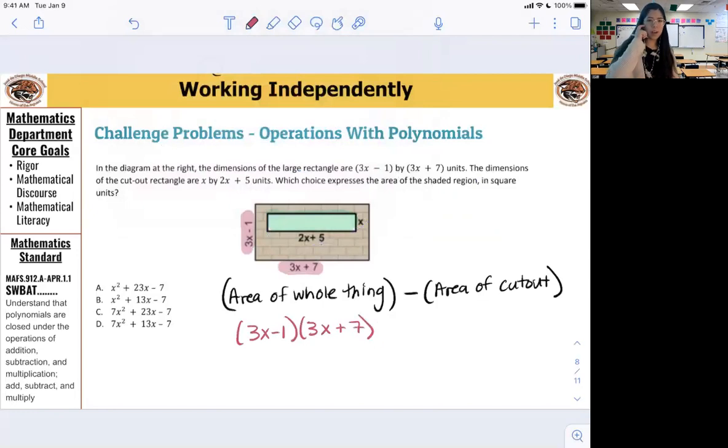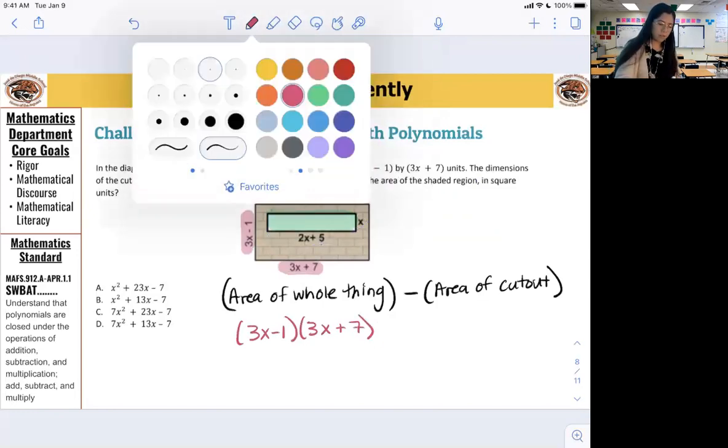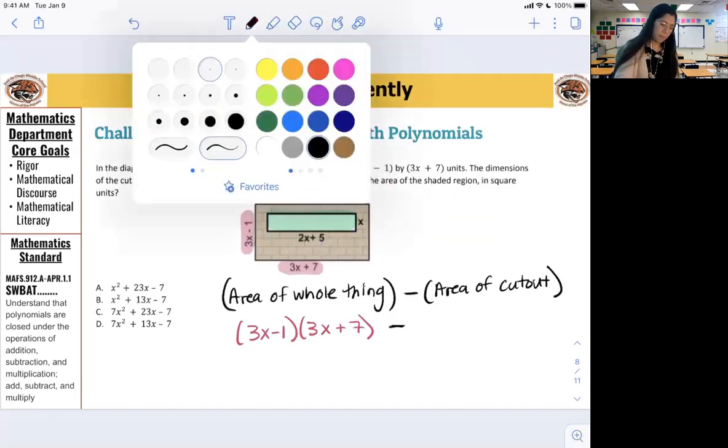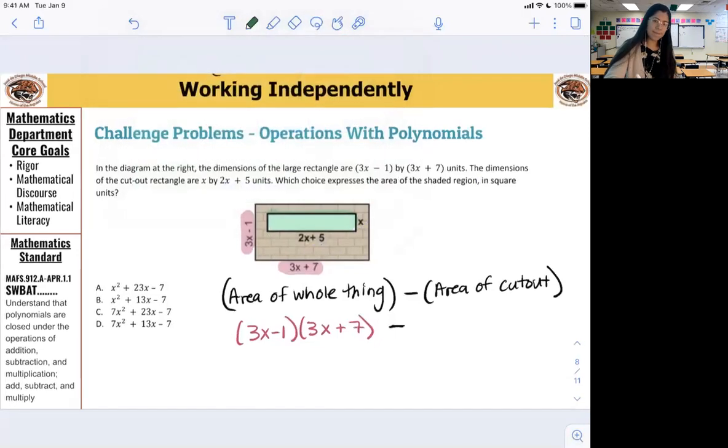And what would be the area of the cutout? 2x plus 5. Just 2x plus 5? No. Times x. Good. So 2x plus 5 times x.